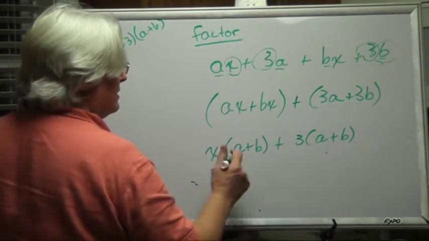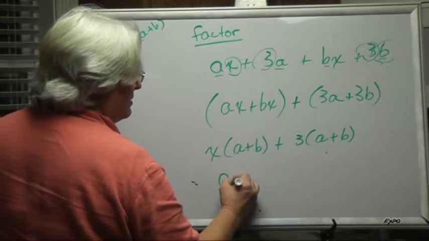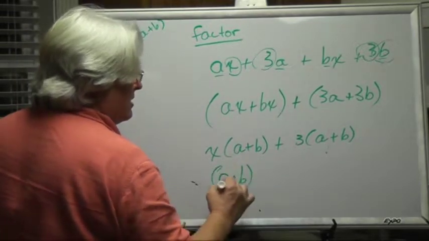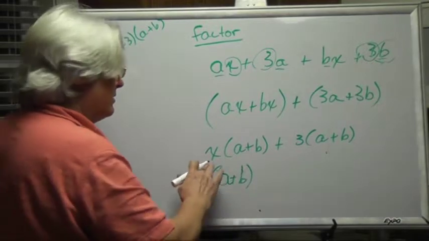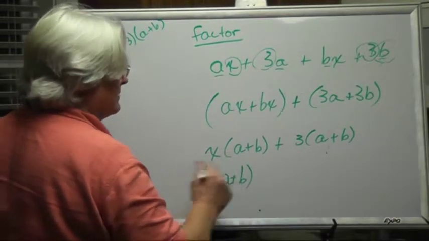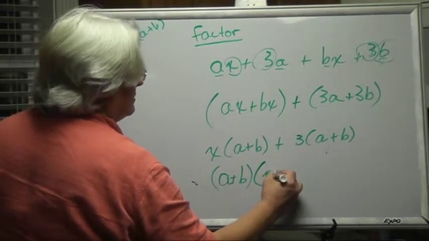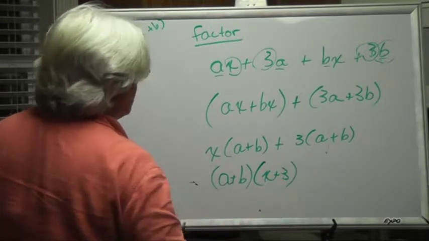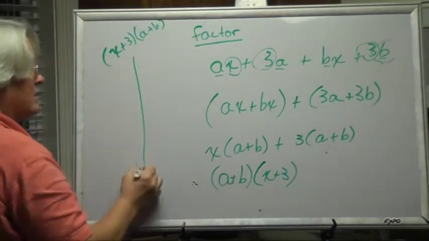This time it's A plus B. When we factor out a plus b, make sure that you close that in parentheses. What do you have left? X plus 3.